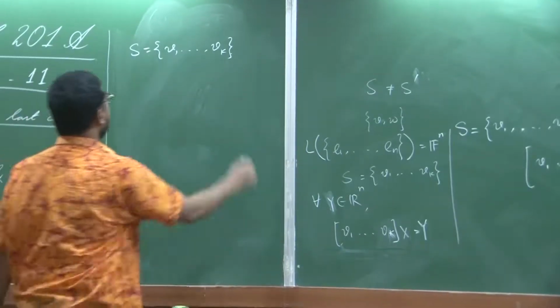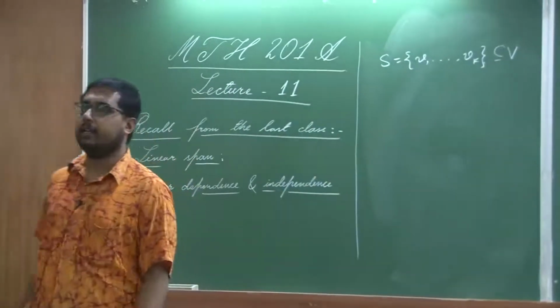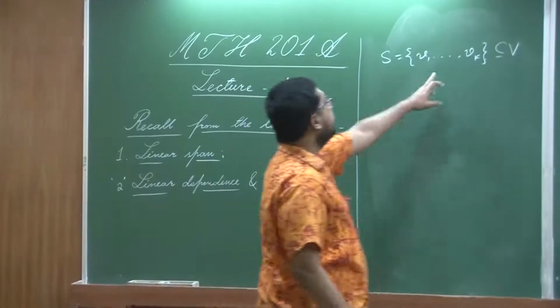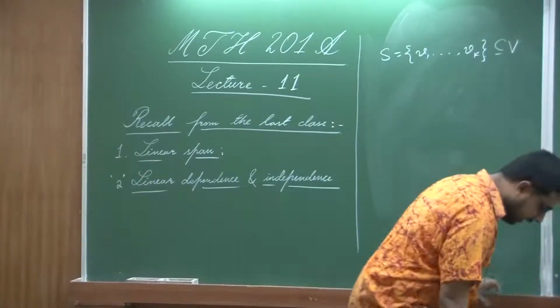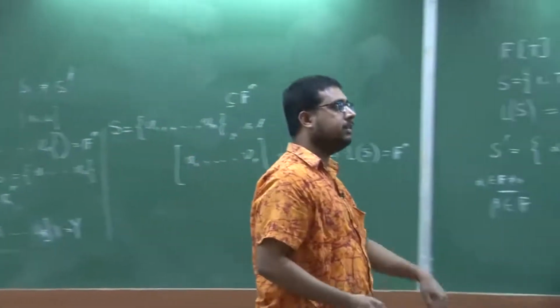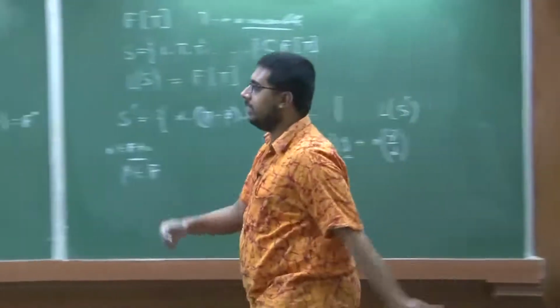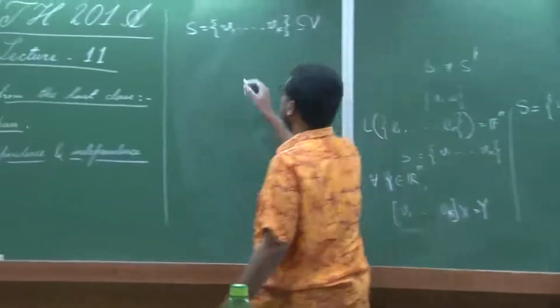If this is a finite subset of a vector space V, we say that it is linearly dependent if there is a vi which can be written as a linear combination of the rest of the vj's.